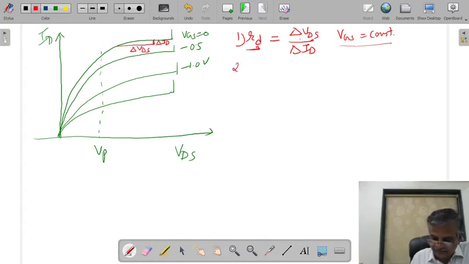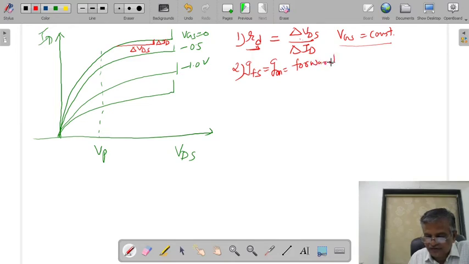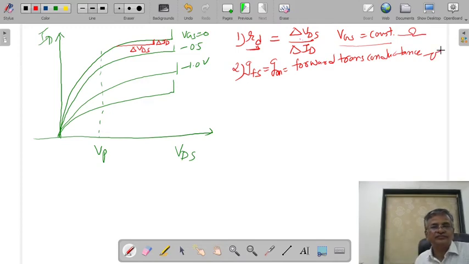Second, GFS or GM, sometimes written, forward transconductance. The unit is mho. So what is forward transconductance?